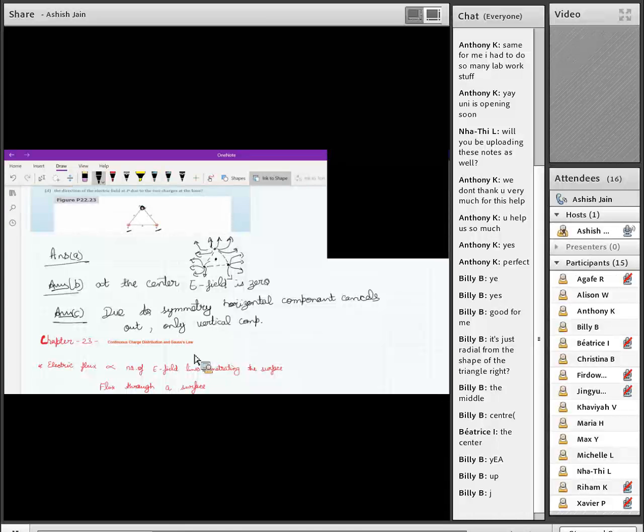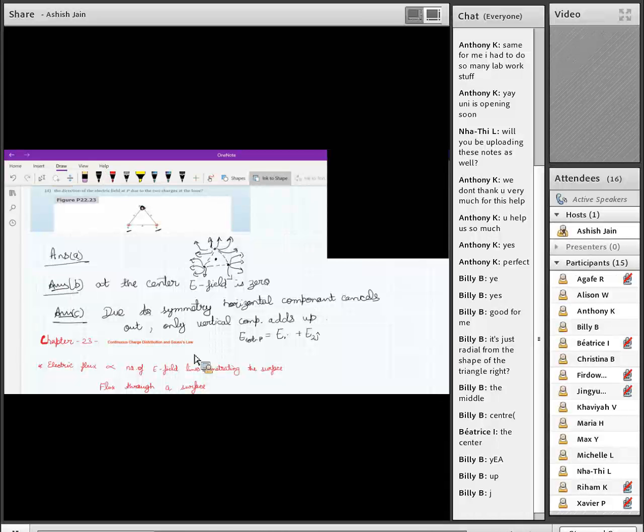The components add up. E total at point P is given as E1 j cap plus E2 j cap. That is the y component.